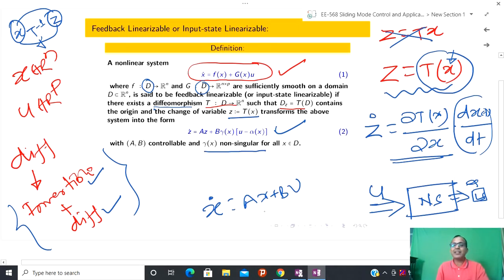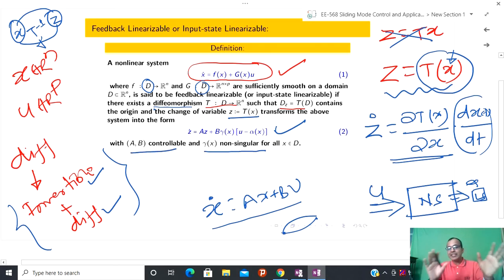And you know that whenever I have some kind of linear system, then control design is not always possible. In order to guarantee that one can design the control, the pair should be controllable. Controllable means I am able to steer the system from one point to another point. And due to that reason, after defining this transformation, the author has suggested that you try to find A and B that are controllable.